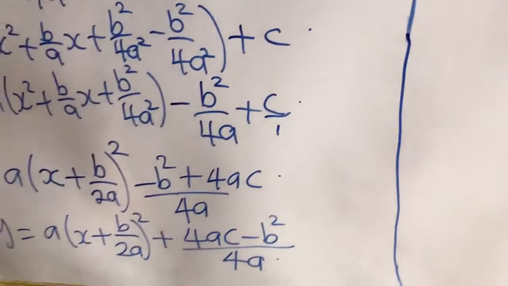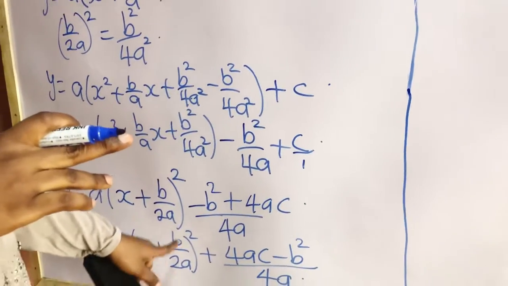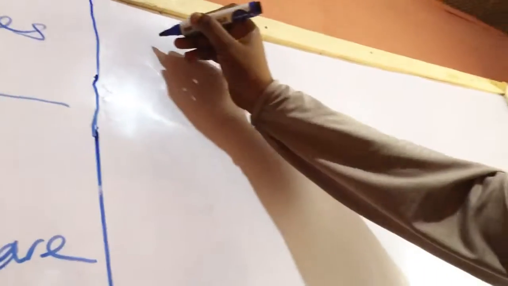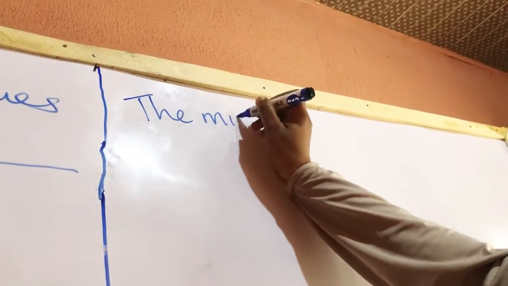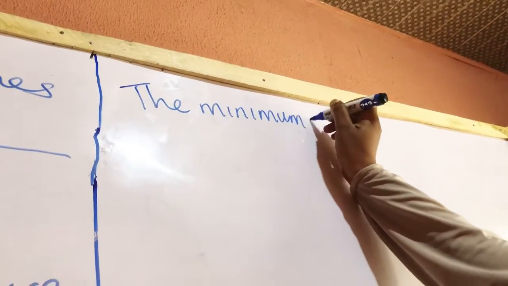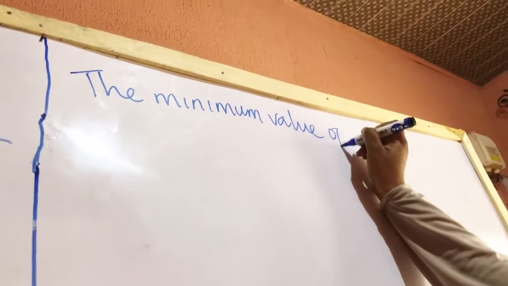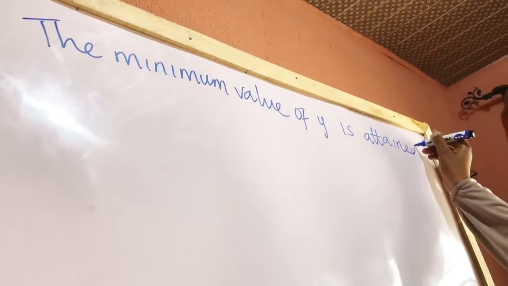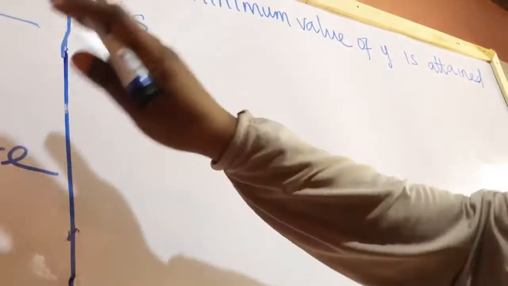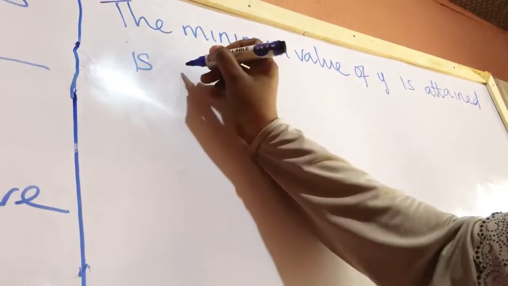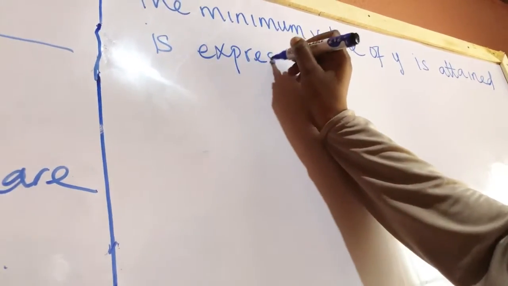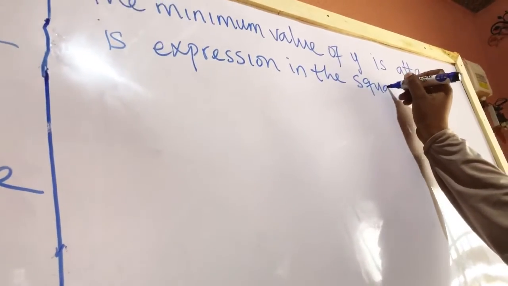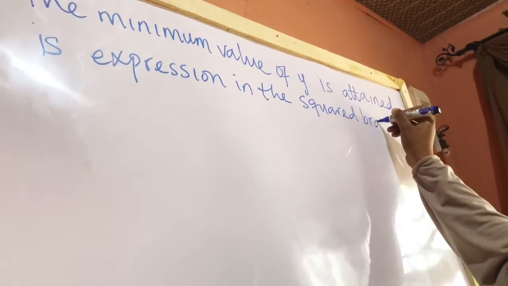So from here now, the expression inside the squared bracket will be positive if a is greater than 0. So the minimum value of y is attained if the expression in the squared bracket is 0.